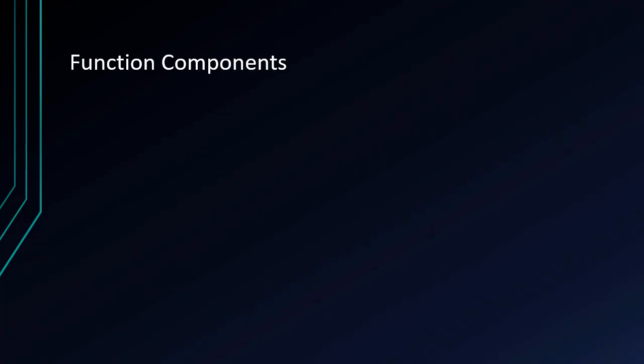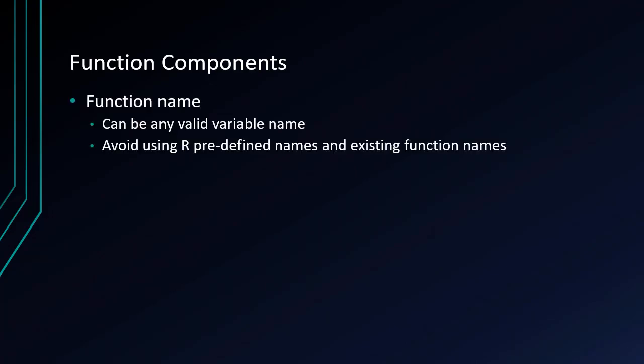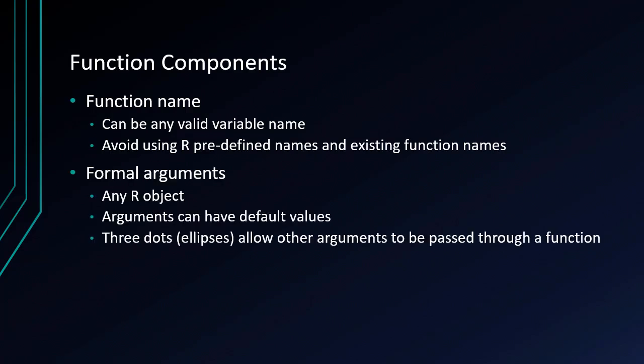So let's now review the function components. We start with a function name. It can be any valid variable name, but you should avoid using R predefined names and existing function names for functions that you have written. Try not to duplicate those. Formal arguments.